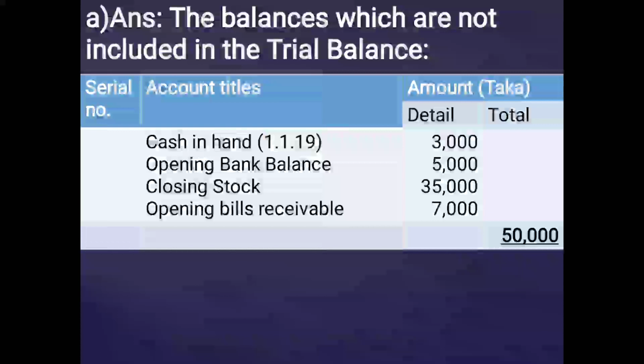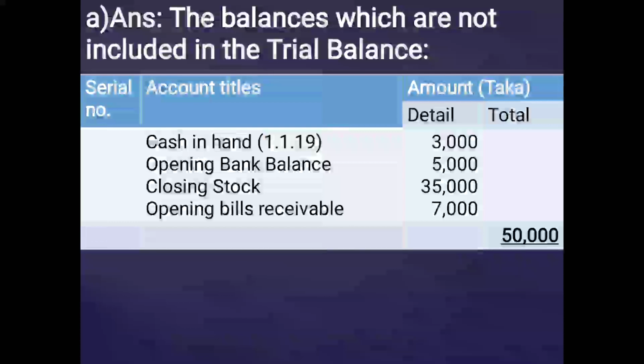Number 1, cash in hand 1119, that is opening cash balance taka 3000, opening bank balance taka 5000, closing stock taka 35000, opening bills receivable taka 7000. Total amount of money taka 50,000, which will not be recorded in the trial balance.